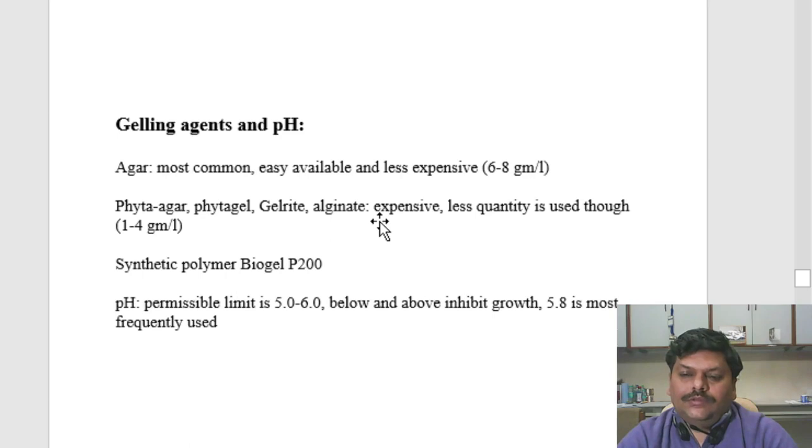The pH is basically maintained around 5 to 6, and the most preferred pH for plant cell tissue culture is slightly acidic, which is 5.8. So I'm sure you know what is acidic pH, what is basic pH. For better growth of most living organisms including plants, a slightly acidic pH is better.